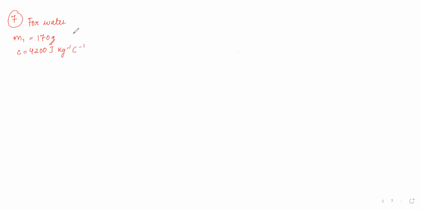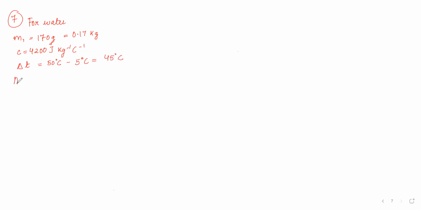So per kg means even this has to be calculated in kg. What is the temperature change? Lowered to 5 degrees Celsius, children. So delta T is how much? 50 degrees minus 5 degrees Celsius. So this is coming out to be 45 degrees Celsius.